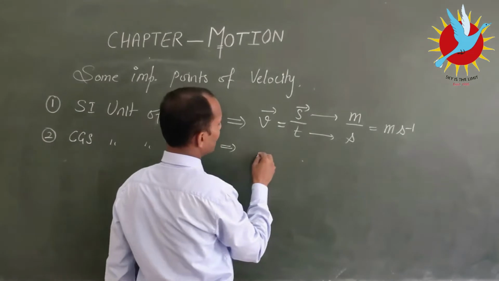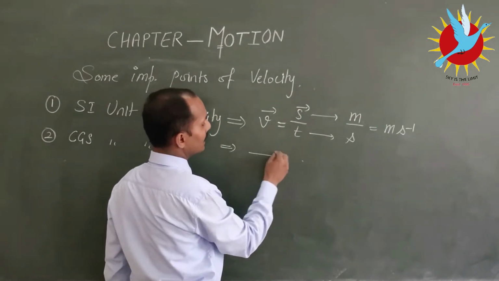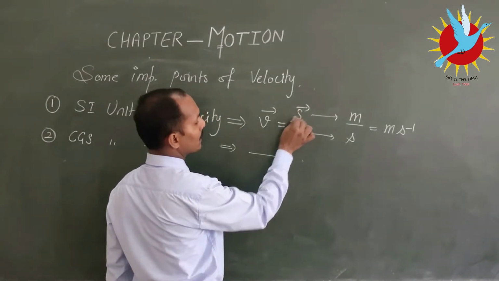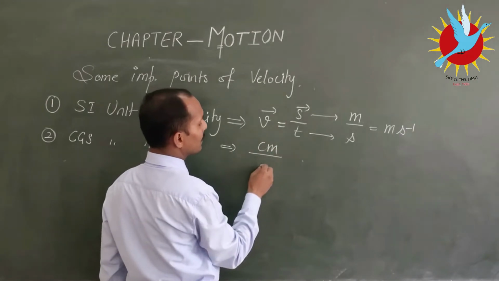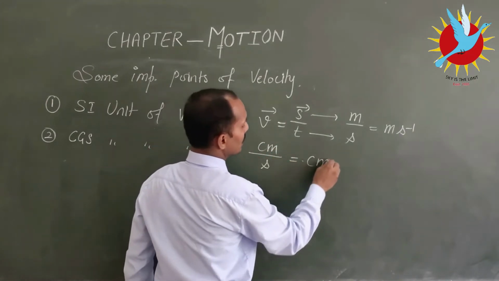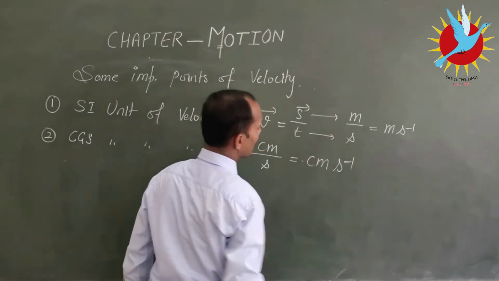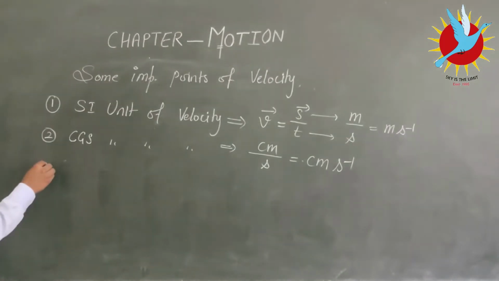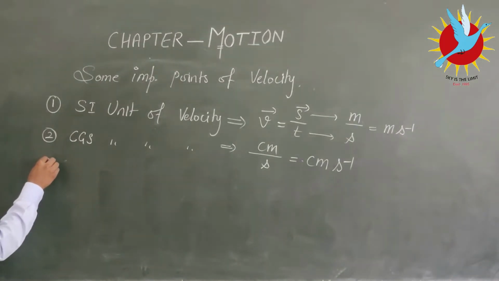In CGS units, displacement is measured in centimeter and time is measured in second. So centimeter per second becomes the CGS unit of velocity.